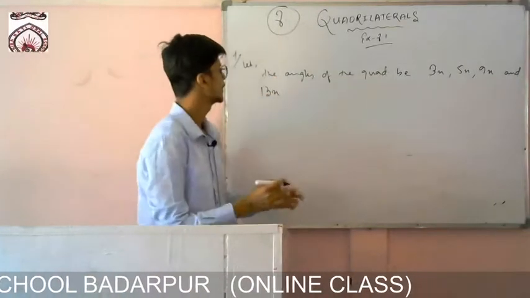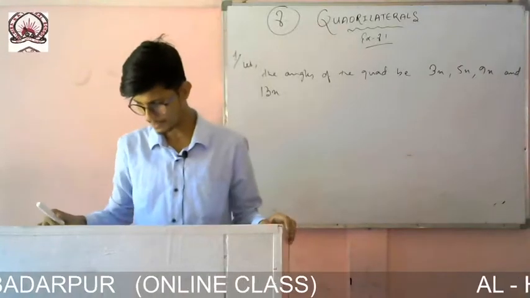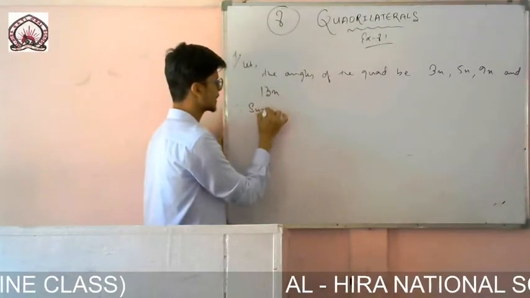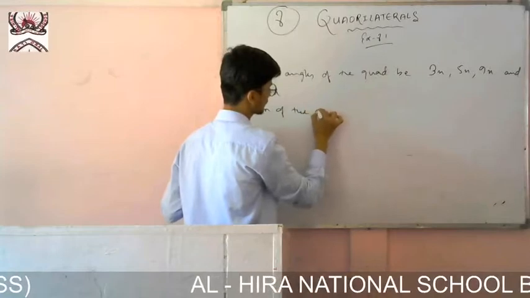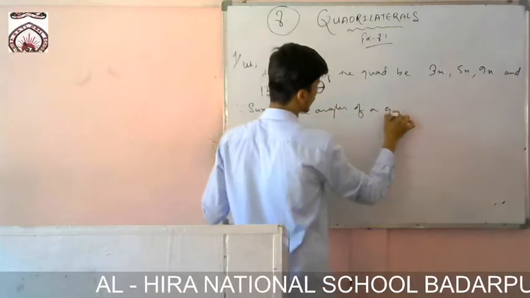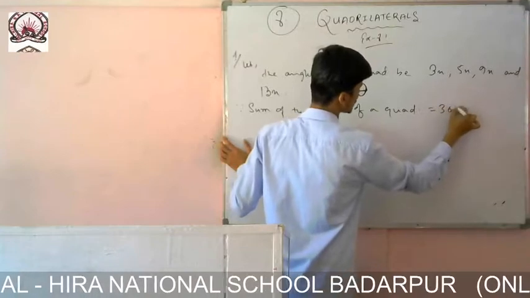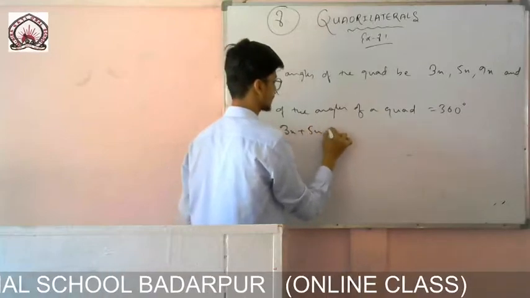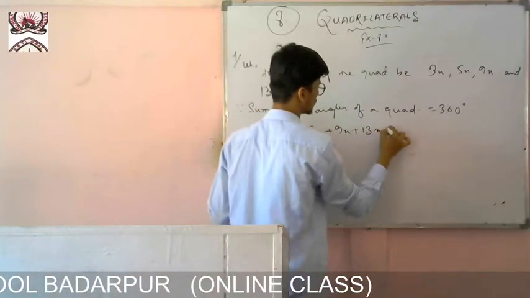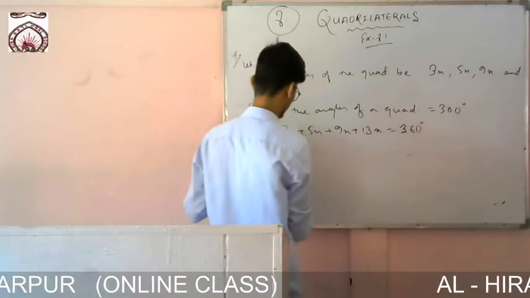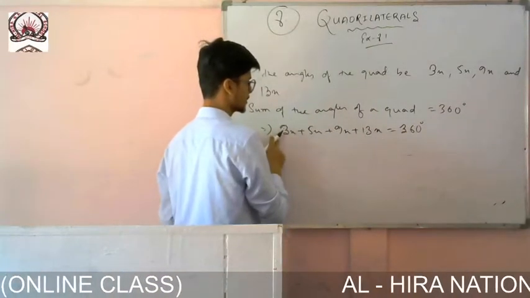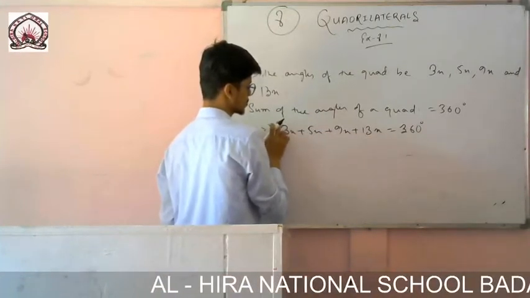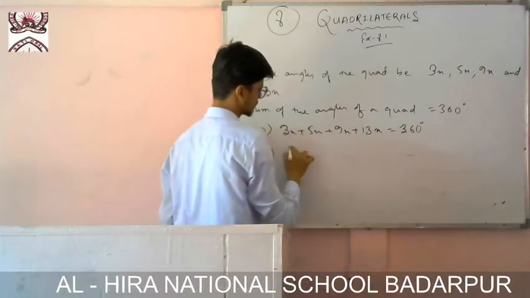Since the sum of the angles of a quadrilateral is equal to 360 degrees, I can say 3x plus 5x plus 9x plus 13x is equal to 360 degrees. Adding: 3 plus 5 is 8, 8 plus 9 is 17, plus 13 is 30, so 30x.